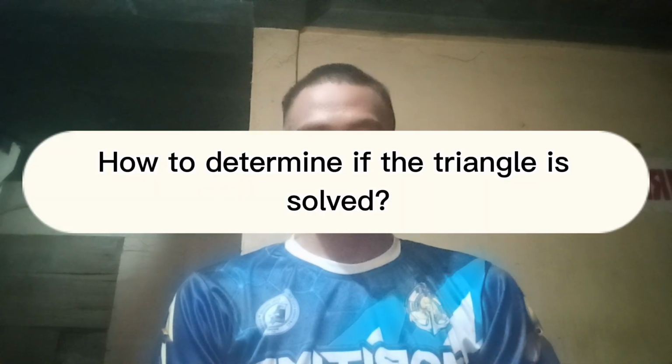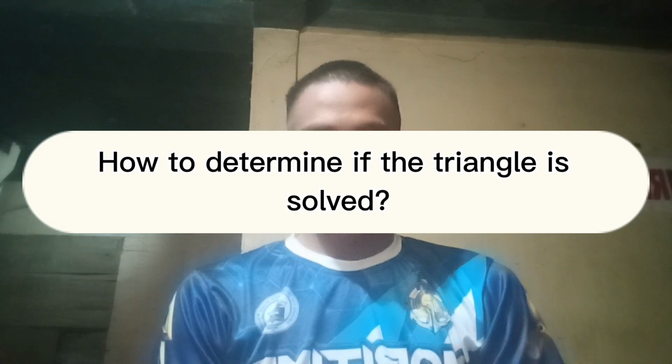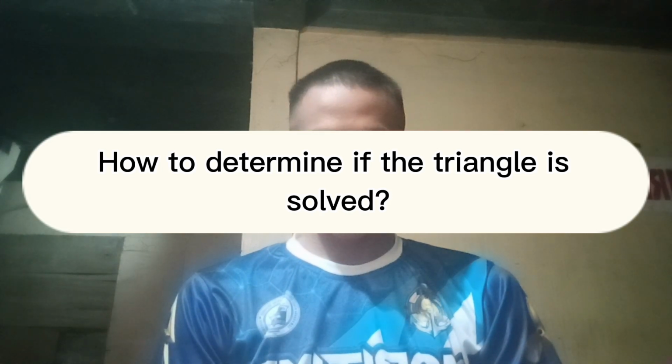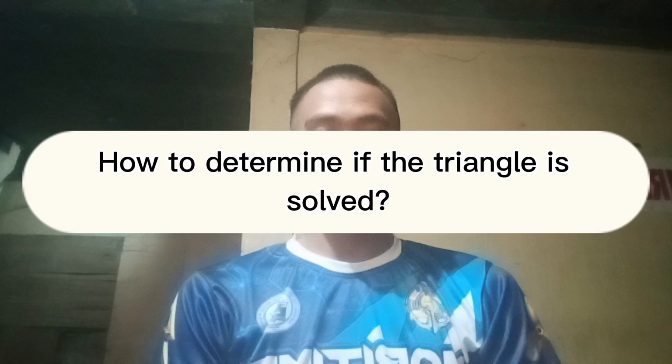Next topic is how to determine if a triangle is solved. A triangle is considered solved when all of its properties, sides and angles, are known.